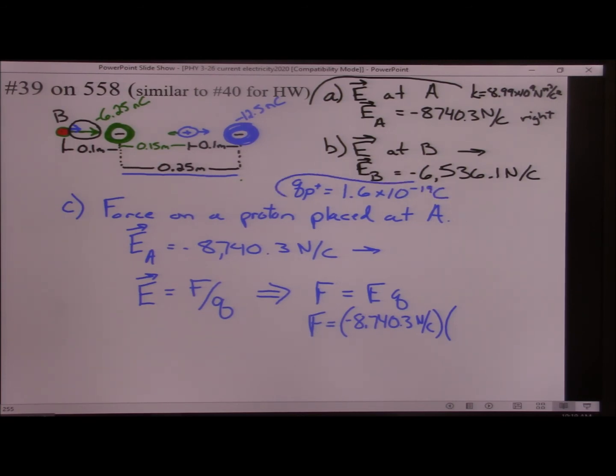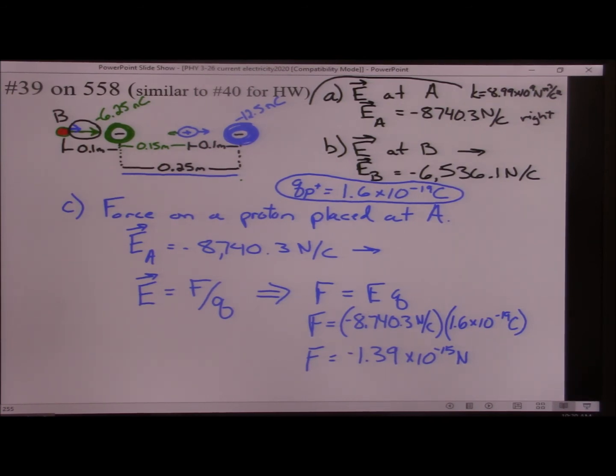That's just a little piece of information right there that I already know. So I plug that in, 10 to the minus 19th coulombs. And I find the force exerted on that charge is going to be 1.39 times 10 to the minus 15 newtons, and it's negative.